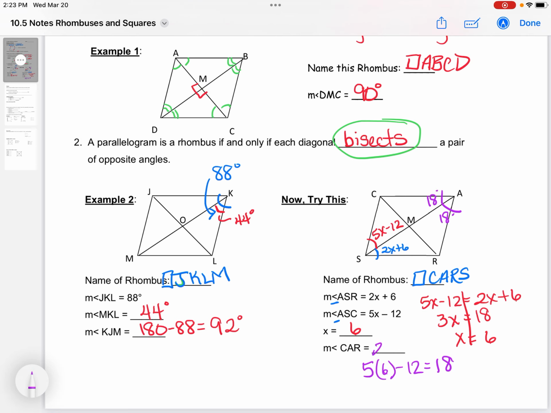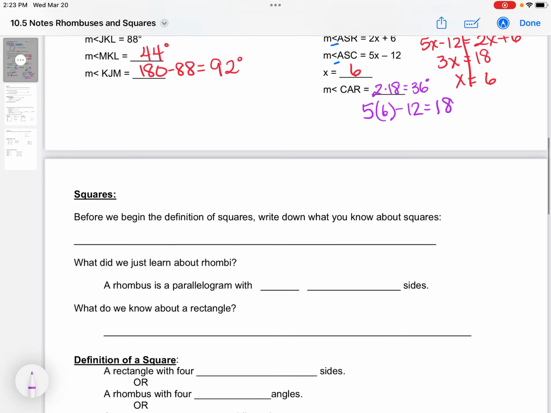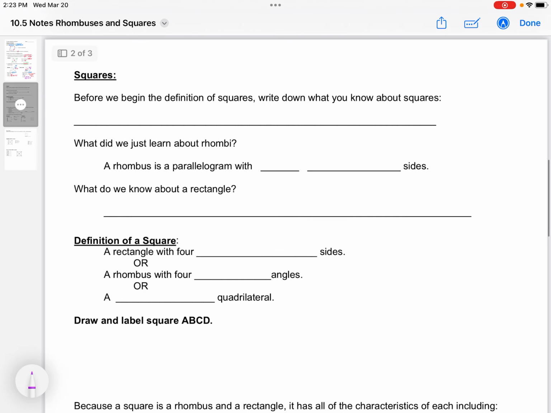That means this one's 18 and this one's 18. So altogether it's 2 times 18, which is 36 degrees.